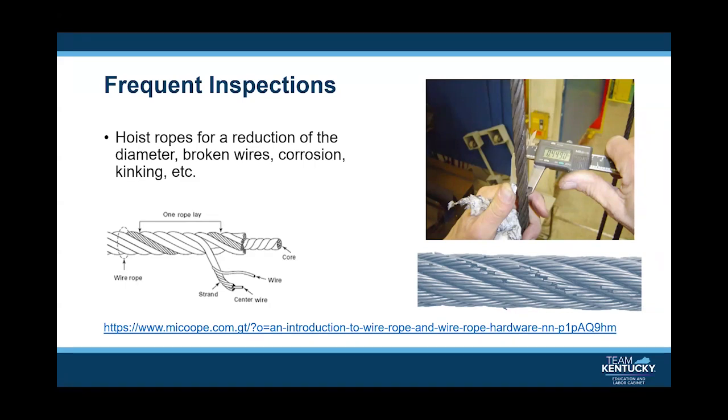Again, I recommend employers utilize the more stringent 6 randomly distributed wires in one rope lay, or 3 broken wires in one strand in one rope lay. That is used in Part 1926 for construction, and again is required for cranes not covered in 1910.179 as it is included in ASME B30.16.